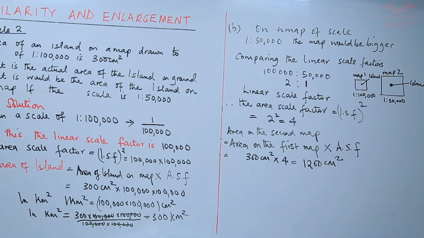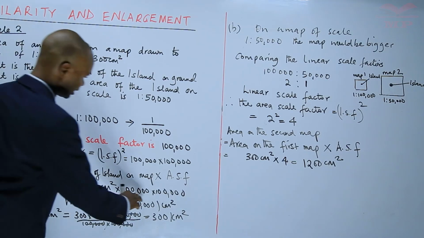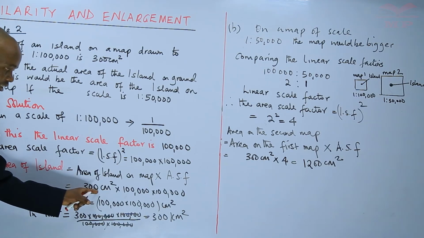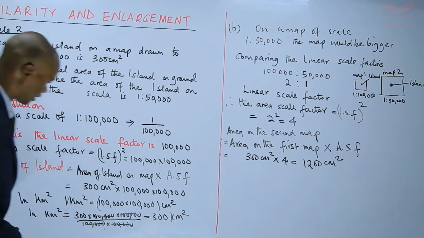Just a recap of what we've done. We started with the linear scale factor, then got the area scale factor. The actual area is the area on the map times the area scale factor.